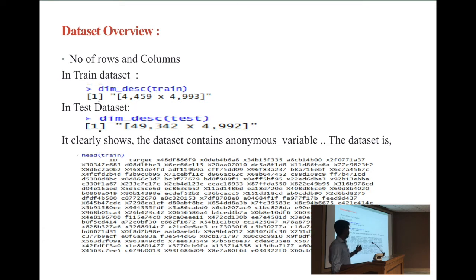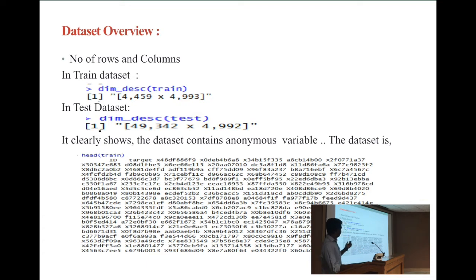When you see the data sets, the number of columns is higher than the number of rows. So the challenge is that we need to find the correlation of each and every variable with the target value.